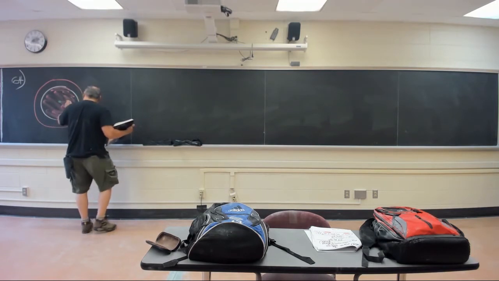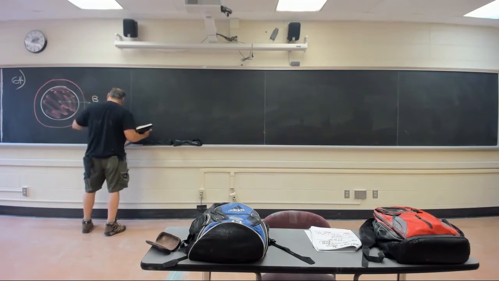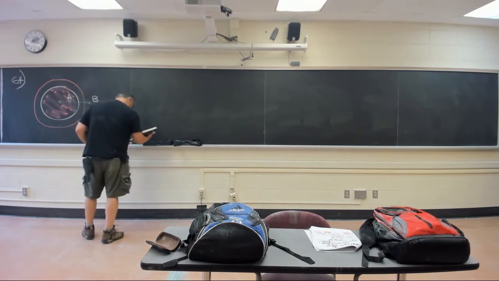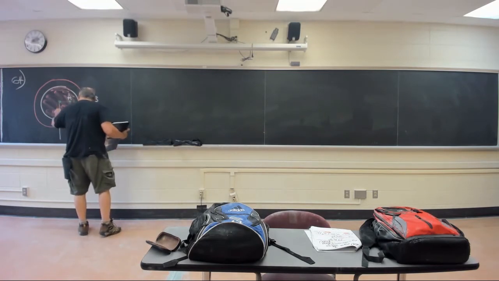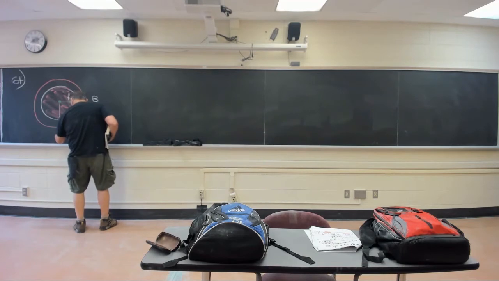And then they want you to go outside to about here, and that's a point B. So here's point B, which they're asking about, and here's point A. They're telling you the distance from the center to A is 7.60 centimeters.